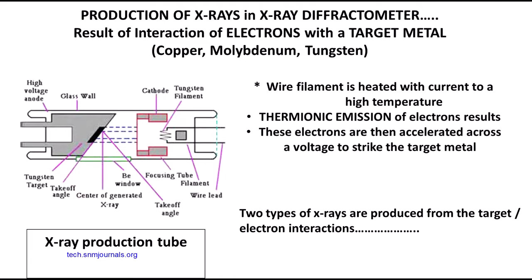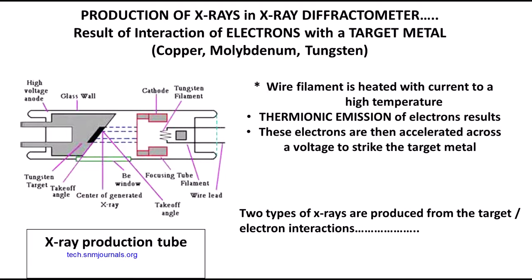Let's begin by explaining how we generate the X-ray beam that we're going to use in our X-ray diffractometer. An electron gun is used to generate an electron beam that is directed using an electrical potential towards a target material.